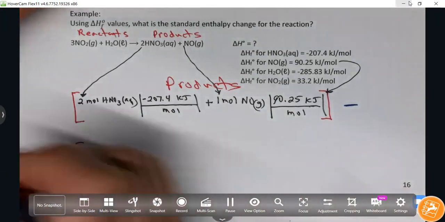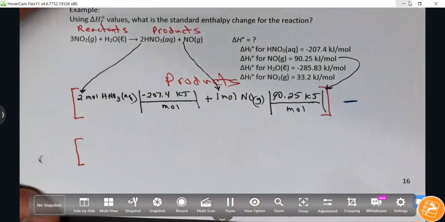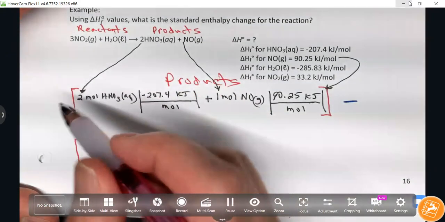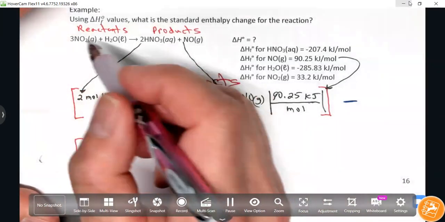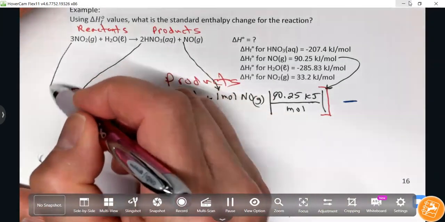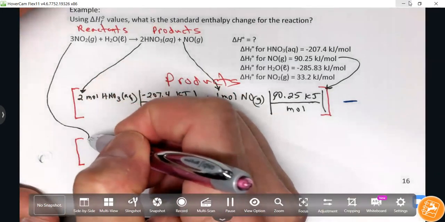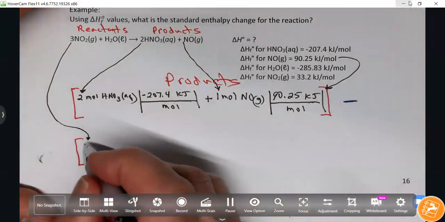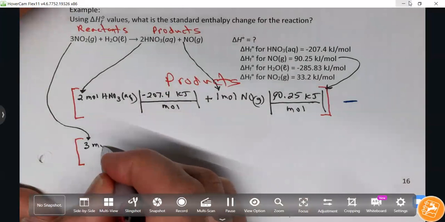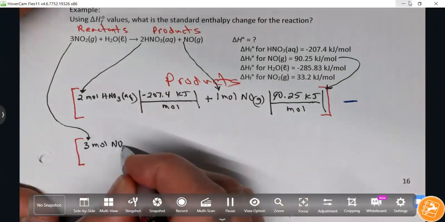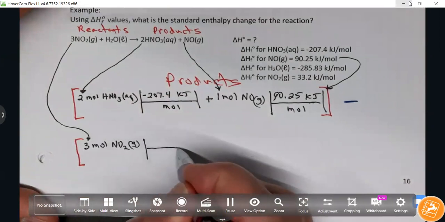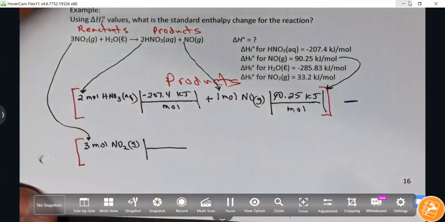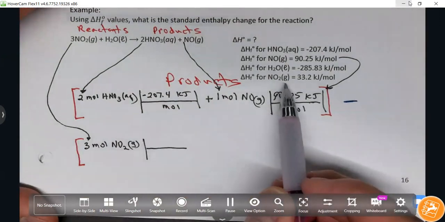Another bracket here. And then on the reactant side, it doesn't matter which order we do it, but here is 3 moles of NO2 gas, 33.2.